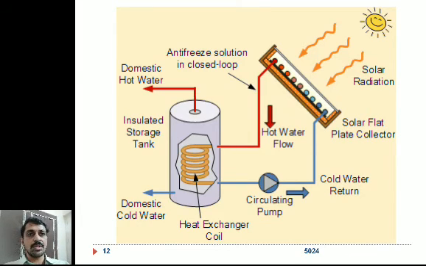So this is an insulated storage tank. There is a closed loop in which there will be two different fluids. One fluid, antifreeze fluid, is specifically meant for the thermal collector, and the other one will be the working fluid which is directly used for domestic applications. I hope it is clear.